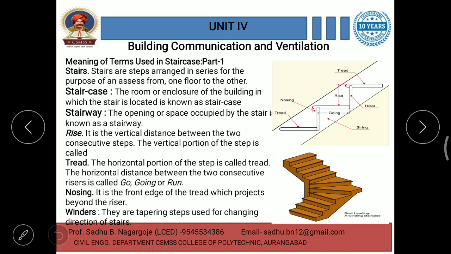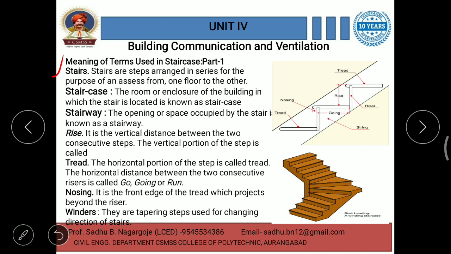First, staircase. From this first diagram you can clearly see the meaning of each and every term. Stairs are steps arranged in series for the purpose of access from one floor to the other. Stairs means the set of all these terms.